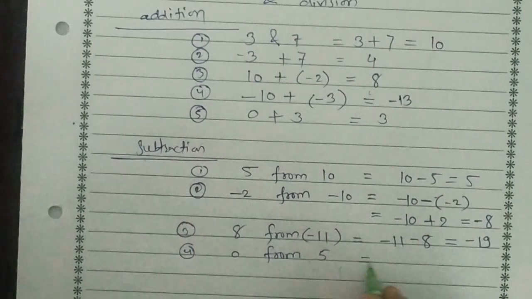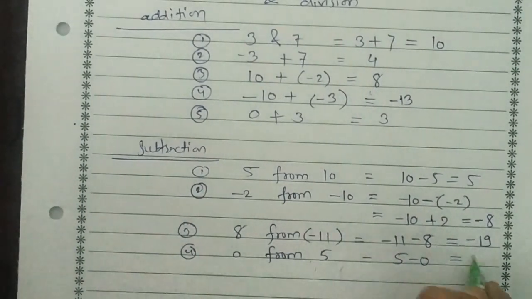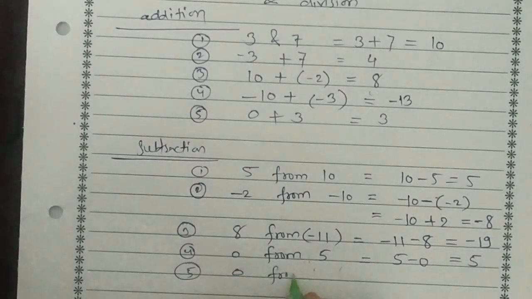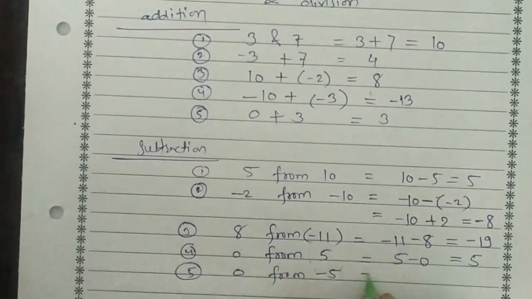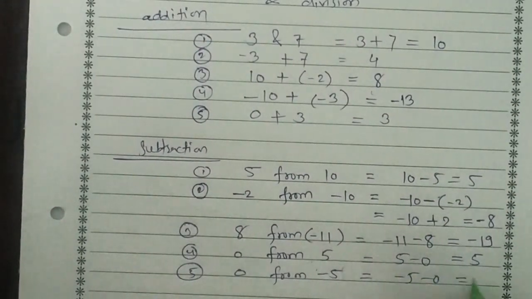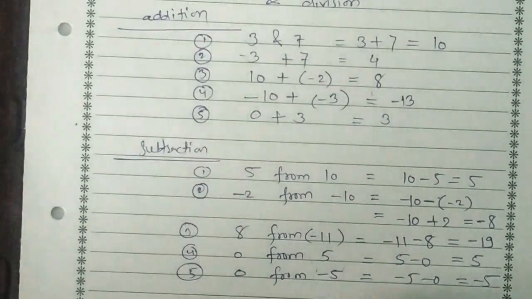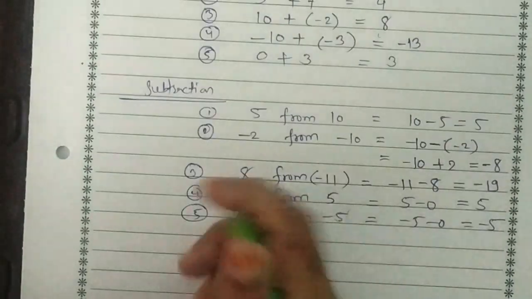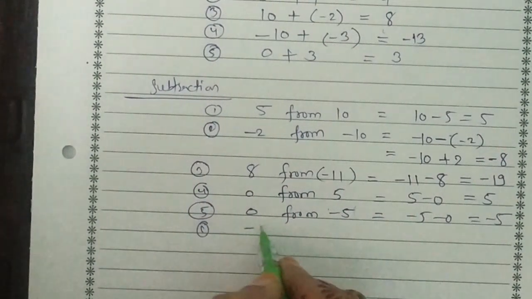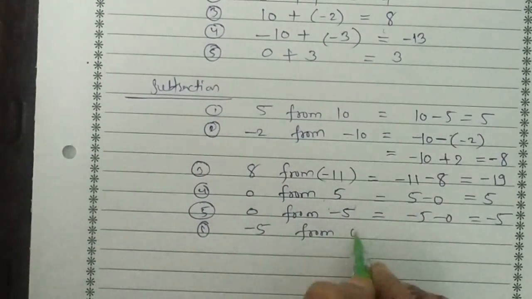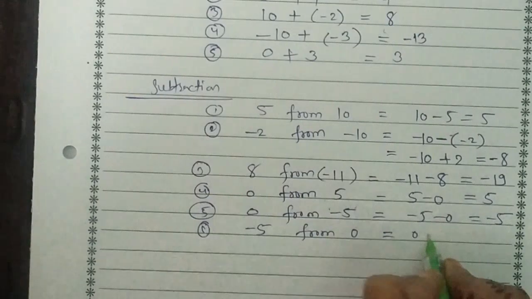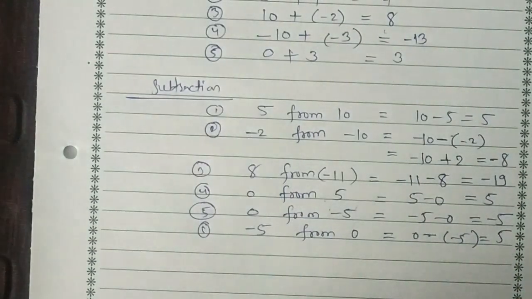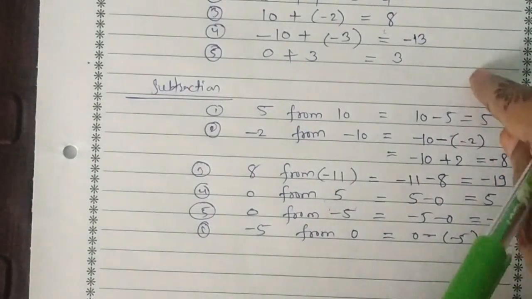Suppose 5: 5 minus 0 will be 5. If you remove 0 from minus 5, again you get minus 5. And if we subtract minus 5 from 0, it will be 0 minus minus 5, which means you get plus 5. In this way you can do subtraction.